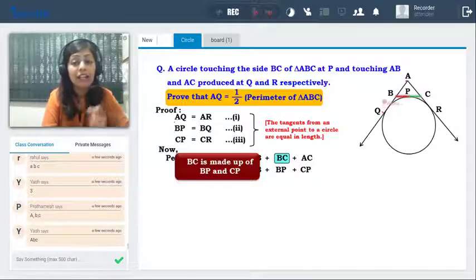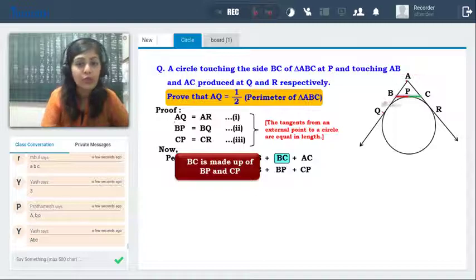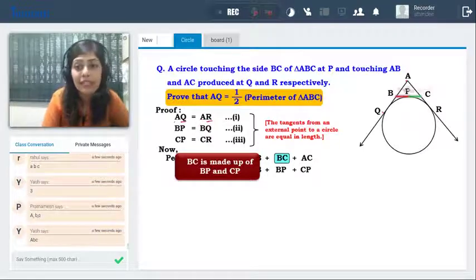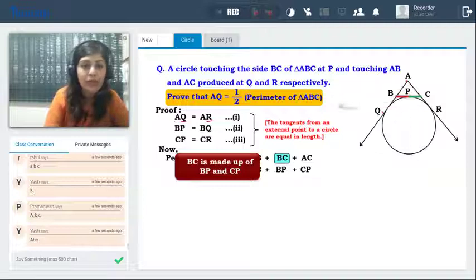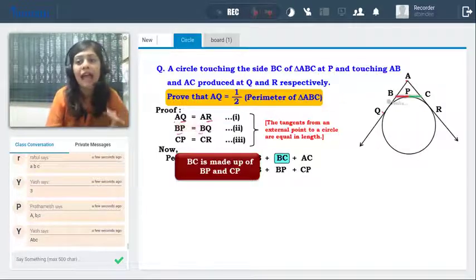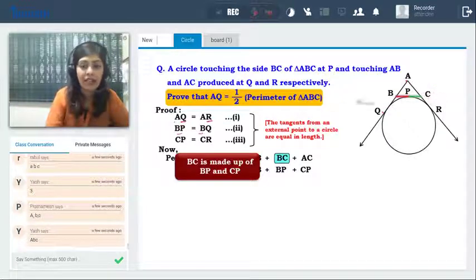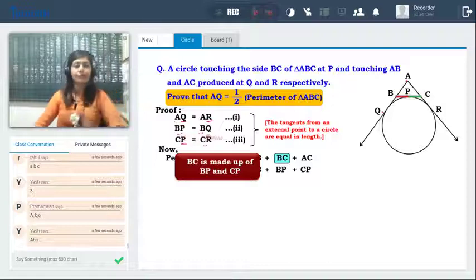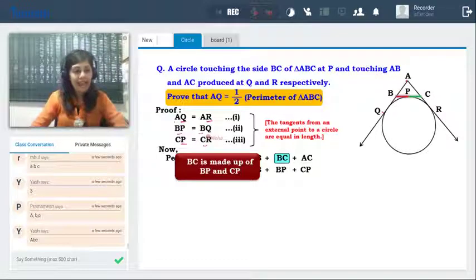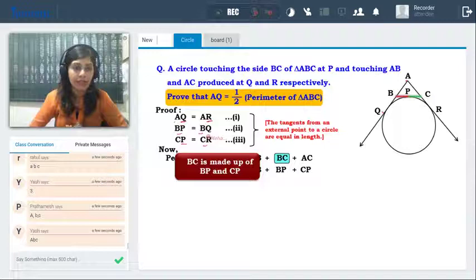Don't be in a hurry to just write something. So A to Q makes one segment and AR. Same external point, so AQ equal to AR. Similarly now, BP equal to BQ, and same way CP equal to CR. This is what we analyze or what is given from the diagram.